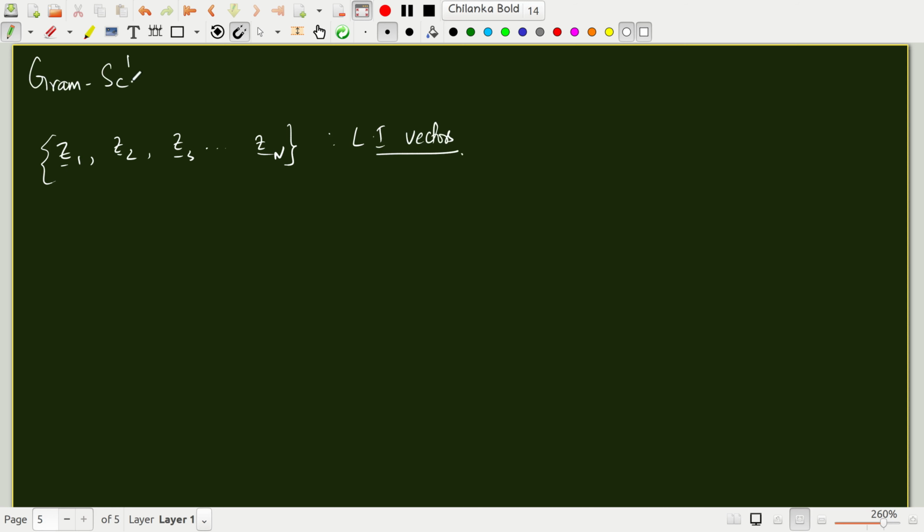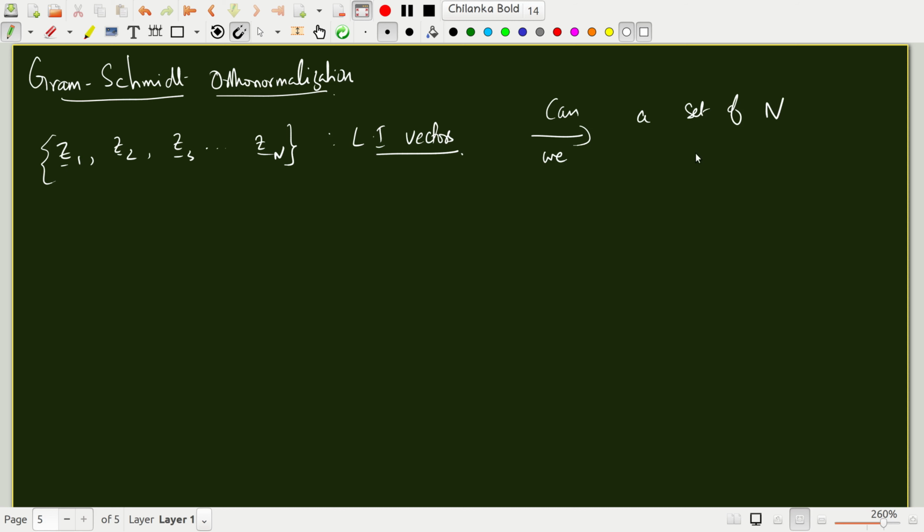It's called Gram-Schmidt orthonormalization. It's a very useful and important technique in linear algebra. Suppose I have a set of n linearly independent vectors. Can we generate from this set a set of n orthonormal vectors?